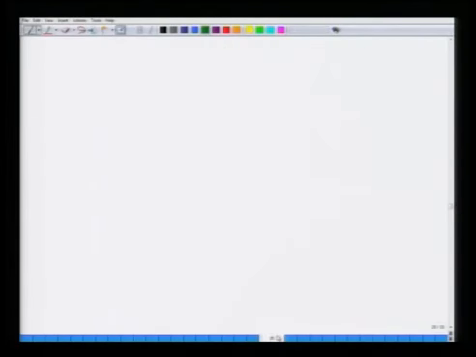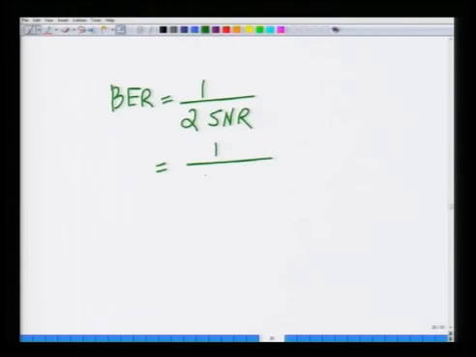And the bit error rate for a wireless channel, as we saw, is simply 1 over 2 SNR, and the SNR value is 100. So, this bit error rate is 1 over 2 times 100, which is equal to 0.5 times 10 power minus 3.